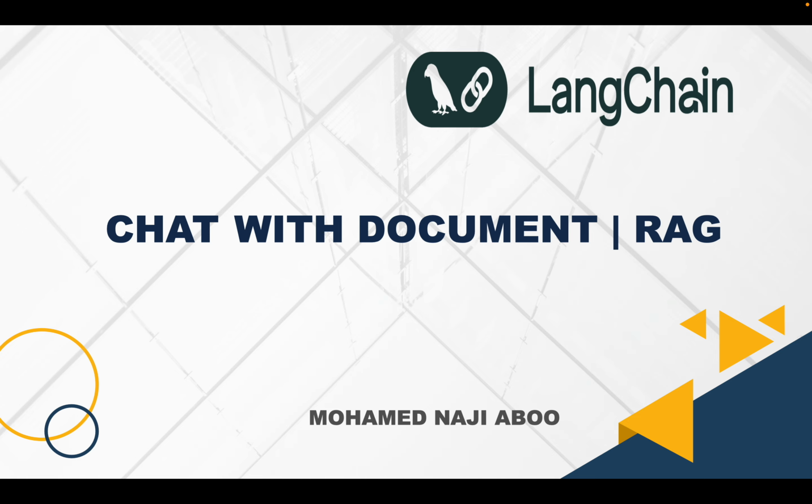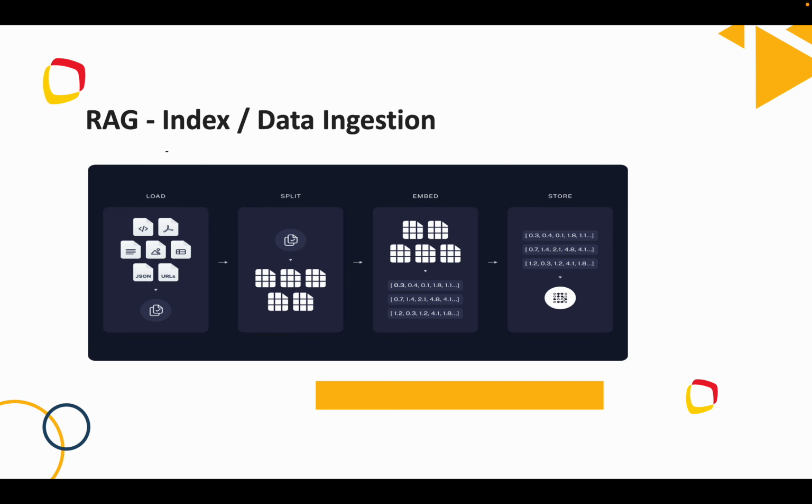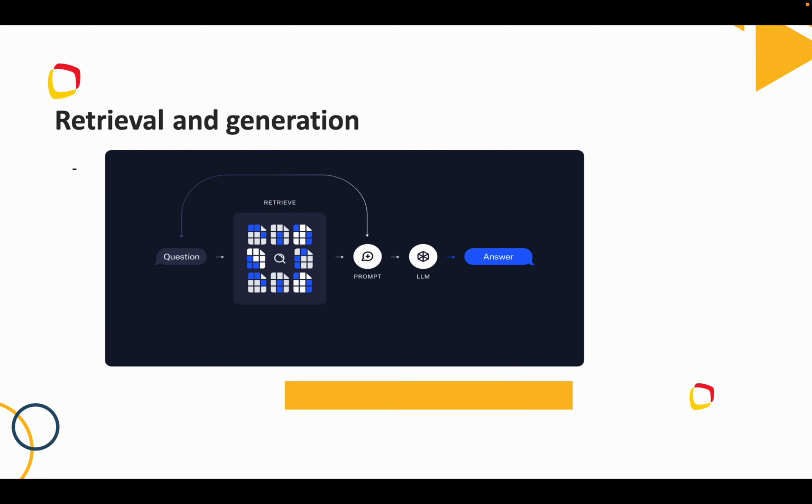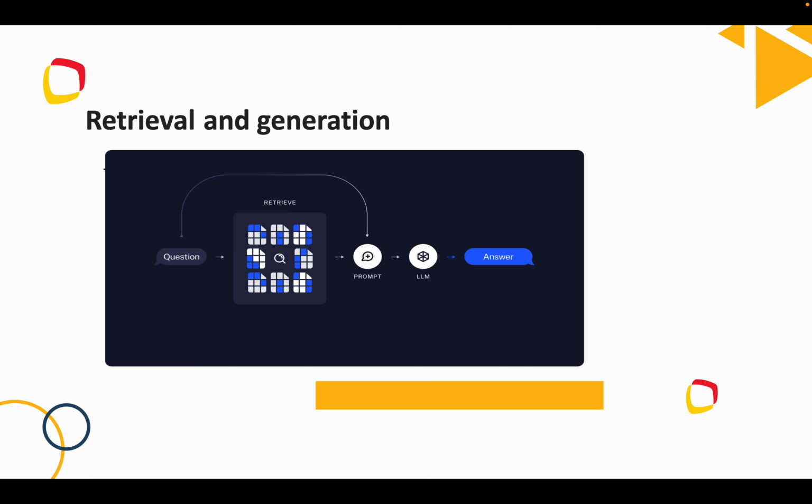Okay, so that's it, and we'll again just give an overview. A RAG application has two parts. One is the data ingestion part, in which we'll be loading the document, splitting the document, and creating embeddings for the split documents. Then we will be saving them to a vector store. Then we will have a retriever and generator.